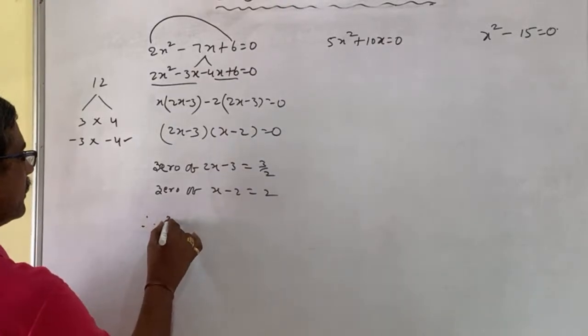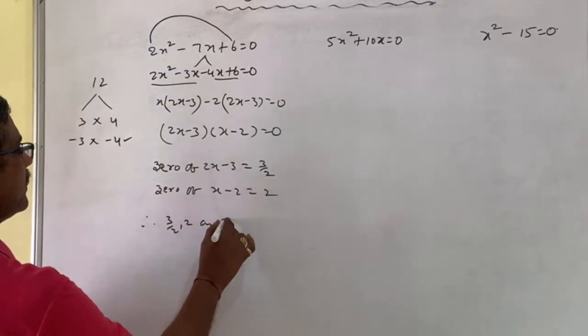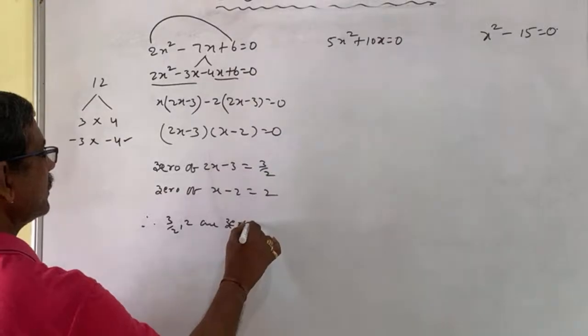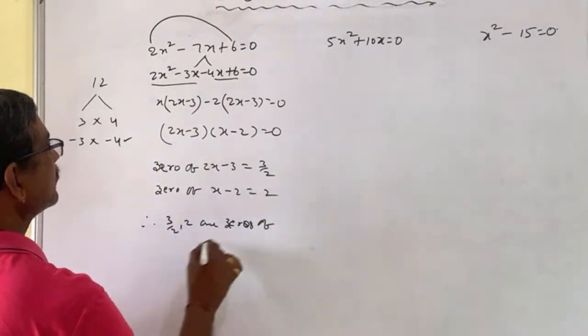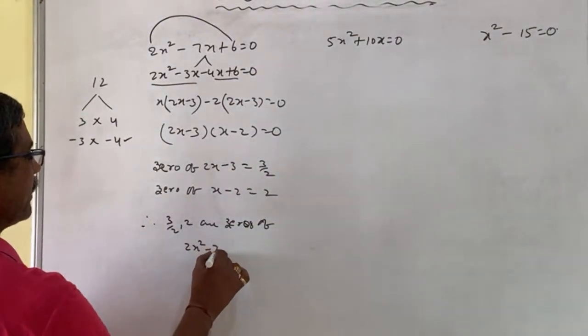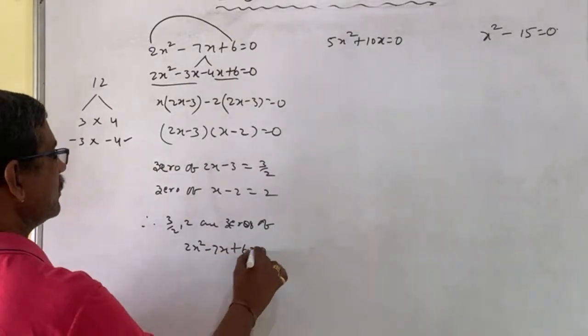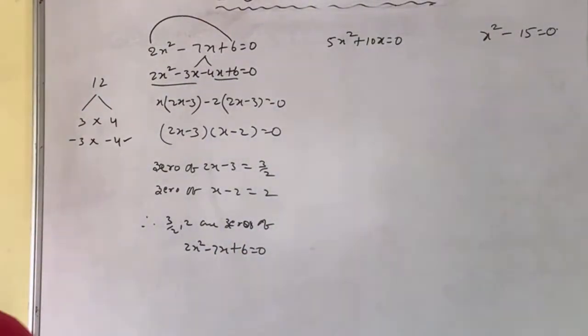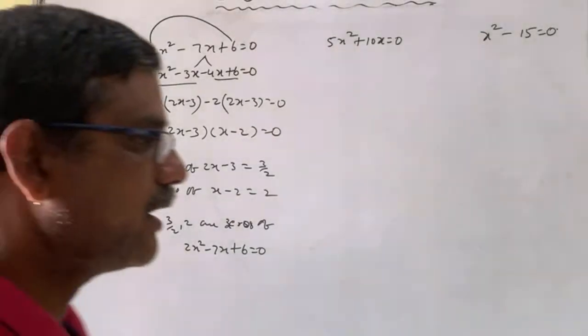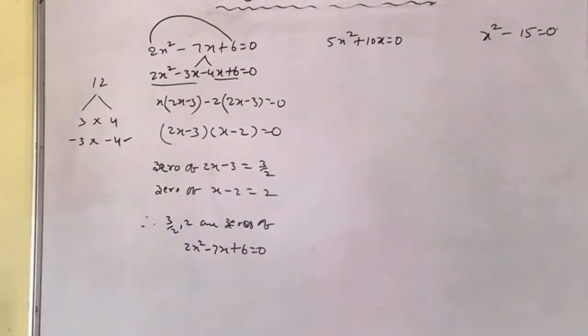Therefore 3 by 2, 2 are zeros of 2x square minus 7x plus 6 is equal to 0. Is that right, children? This is what we call splitting the middle term. Okay?